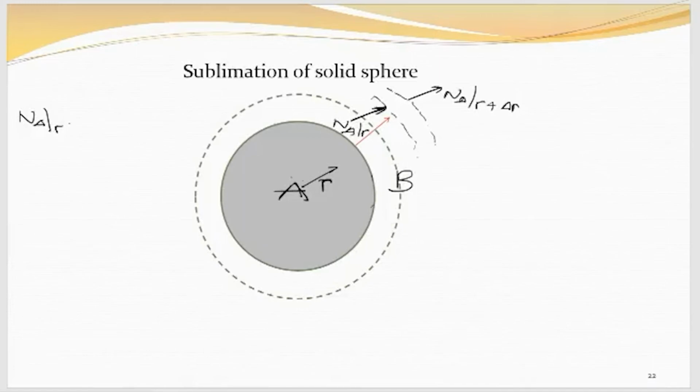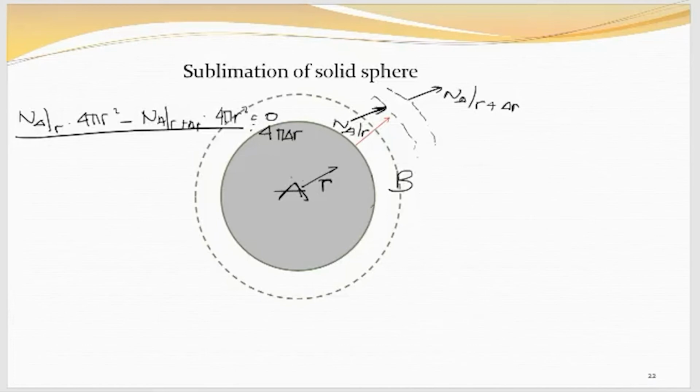It is 4 pi r squared. So 4 pi r squared, minus N_A out at r plus delta r times 4 pi r squared, equal to 0. Then we can divide everything by 4 pi delta r.